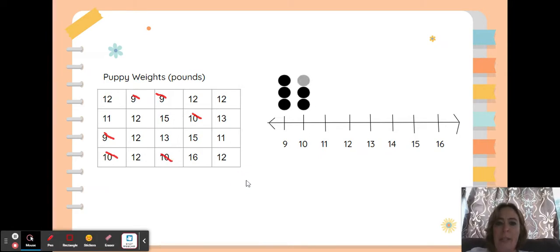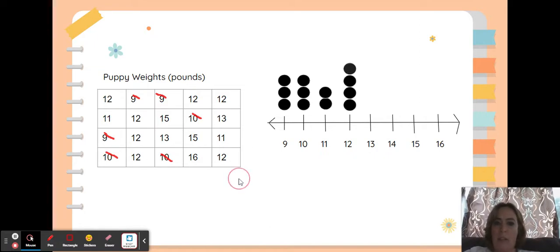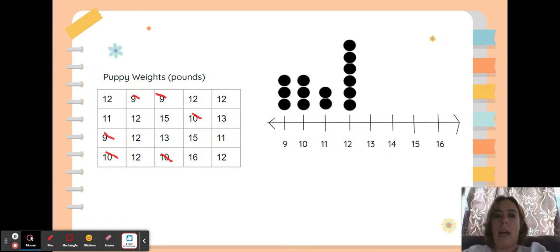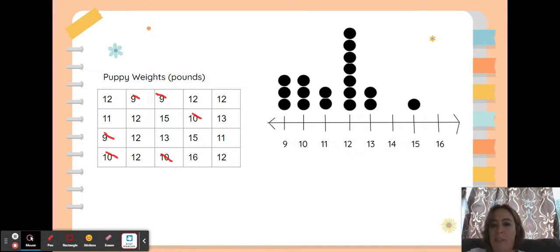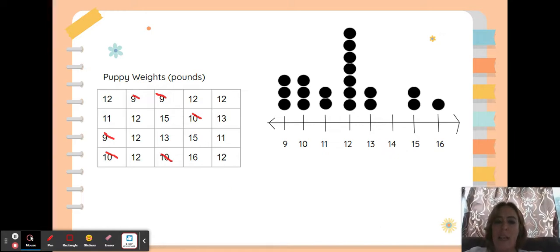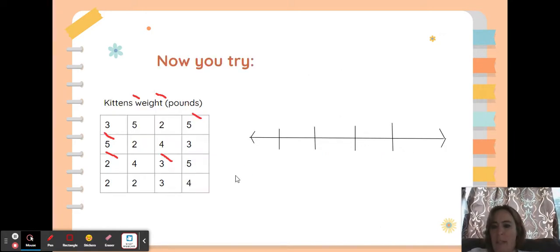So let's put 3 dots there. 11 has 2 dots. 12 has 1, 2, 3, 4, 5. 13 has 1, 2. And 15 has 1, 2. And 16 has 1. All right.